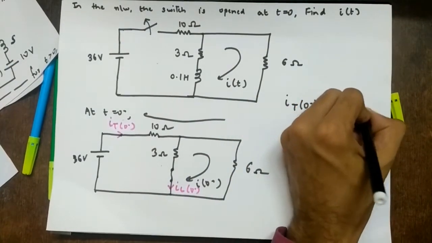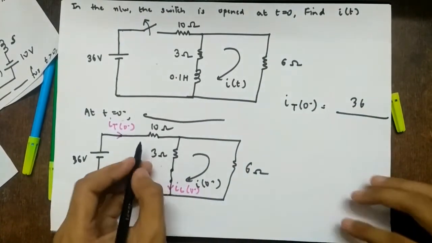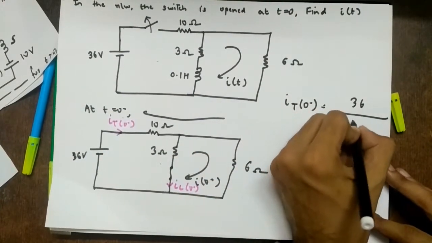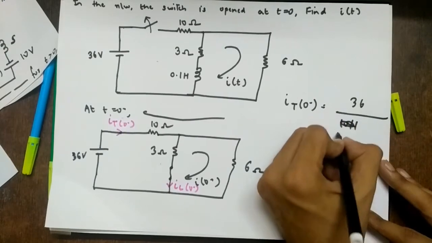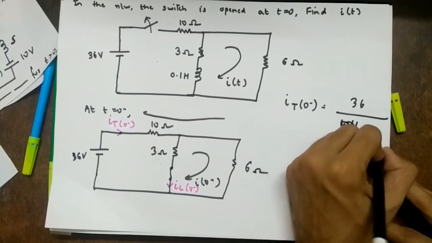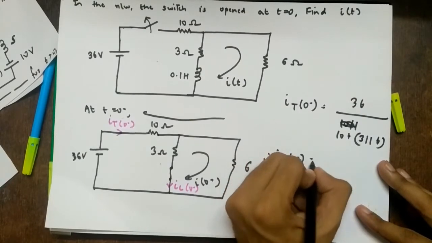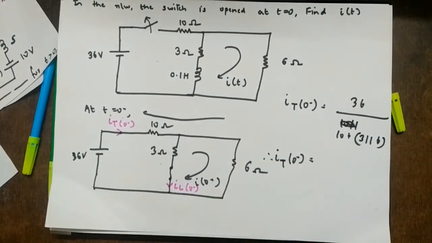Total voltage 36 upon total resistance. So 6 parallel with 3, plus 10. Therefore iT(0 minus), I'll calculate. Let me get it.